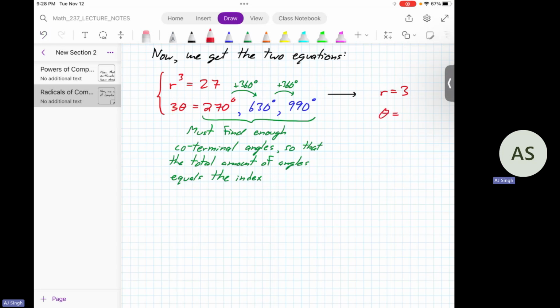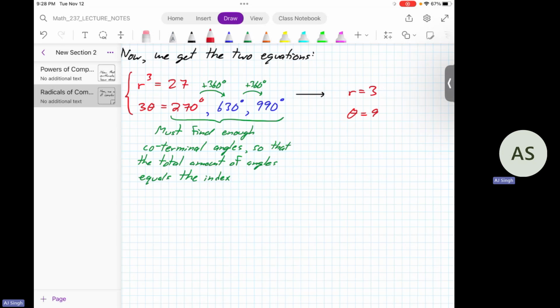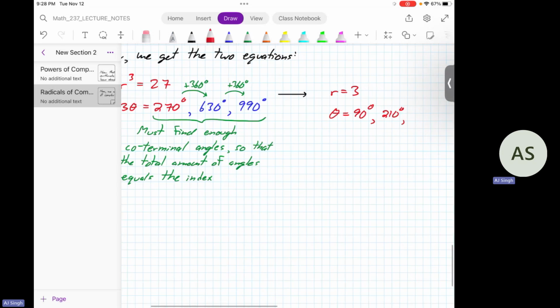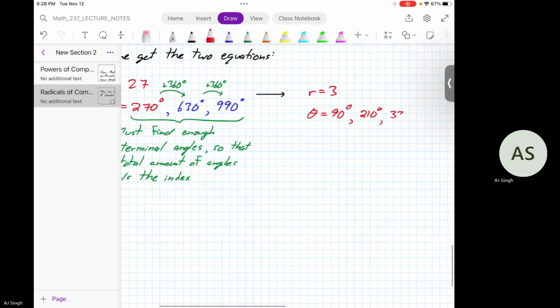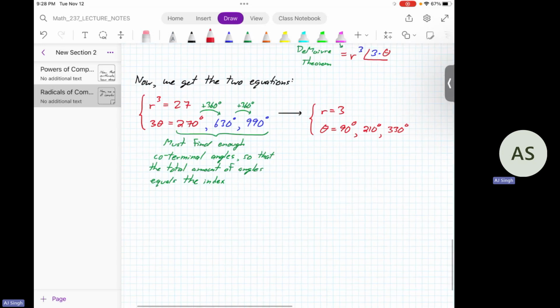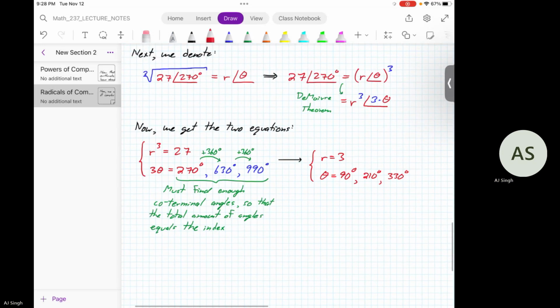So theta equals 270 divided by 3 is 90. 630 divided by 3 is 210. 990 divided by 3 is 330 degrees. So there we go. That was step 3. Step 3 is get r and theta. That's all of this stuff on the screen.